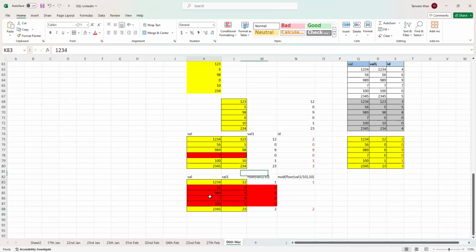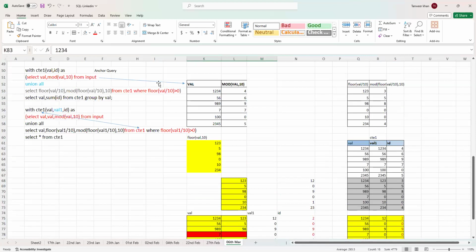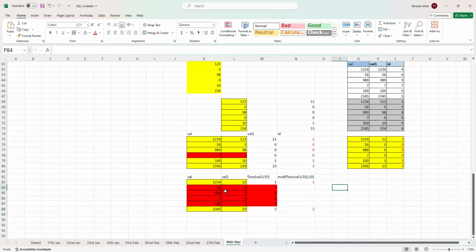Now the same values will be appended again in this CT1, right? So now this would be the val, and what will be your val 1? This will be your val 1. This time this will be the val 1, no? Right.